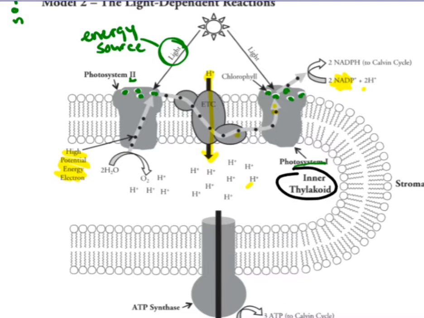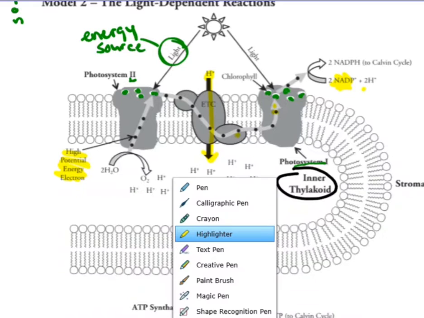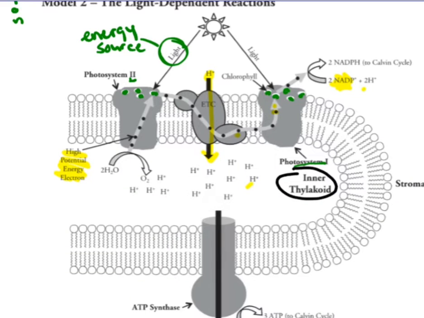So when this NADP+ receives the hydrogen that's being shown here, it's also receiving electrons. NADP+ is not charged. It receives that electron, and because that electron is so negative, it also attracts a hydrogen, and that's how you get NADPH.